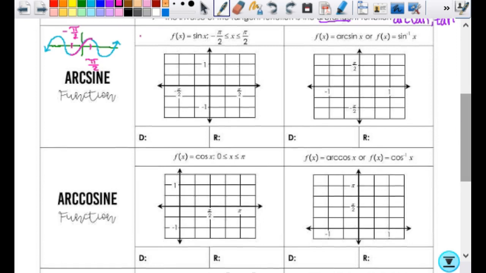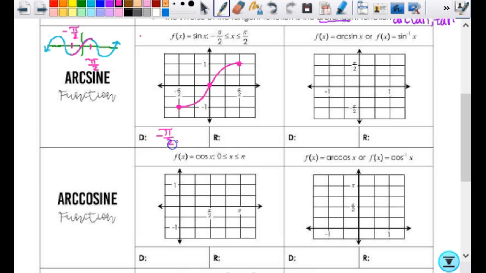That means that we know that the sine of 0 is 0. The sine of pi halves is 1. The sine of negative pi halves is negative 1, right? And then we could plot some other ones in there, but we know what this function looks like, so we can just sketch that in like that. So the restricted sine function that we're using, the domain goes from what to what?